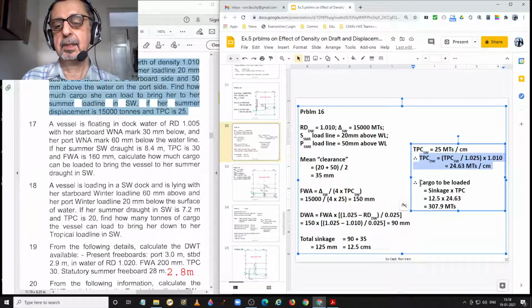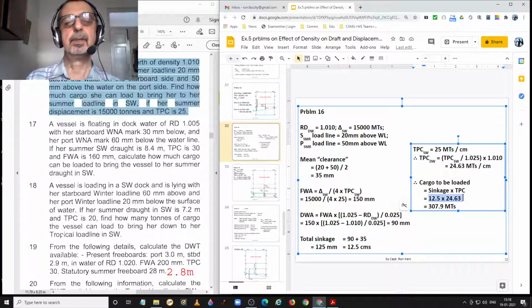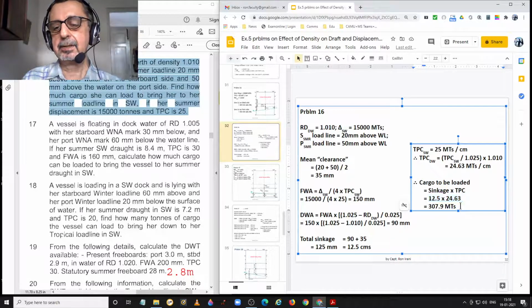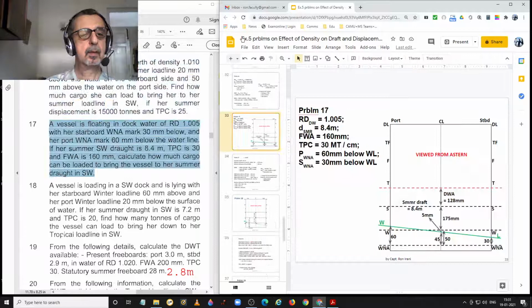Thus, the cargo to be loaded is equal to sinkage multiplied by TPC. Sinkage in centimeters 12.5, TPC in the dock water 24.63, giving us the cargo to be loaded equal to 307.9 metric tons.